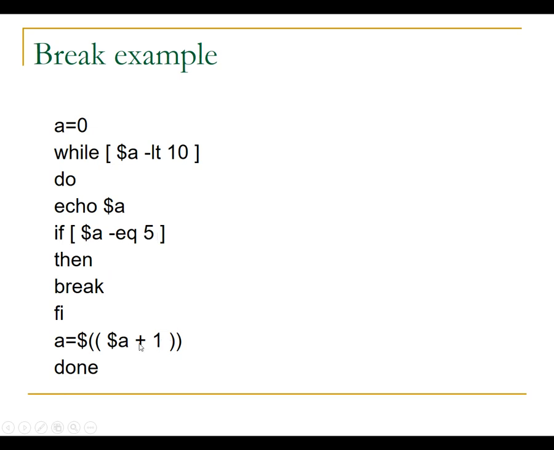Then a becomes 5. For 5 this decision making statement becomes true, then it breaks the statement. That means it prints up to 5 although the loop was about to repeat from 0 to 10 times.